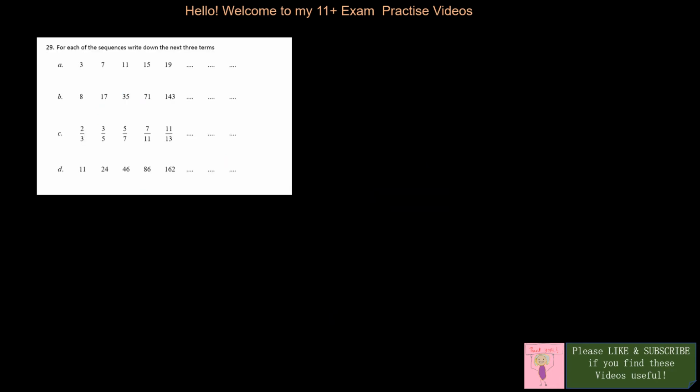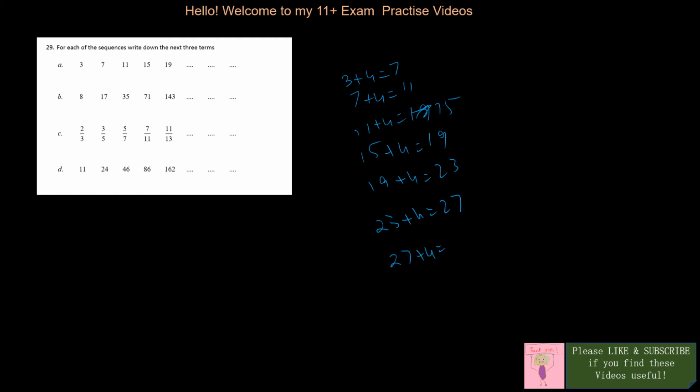The next one: for each of these sequences, write down the next 3 terms. So you have 3, 7, 11, 15, 19. So we have 3 plus 4 equals 7, 7 plus 4 equals 11, 11 plus 4 is 15, 15 plus 4 is 19, 19 plus 4 is 23, 23 plus 4 is 27, and 27 plus 4 is 31.